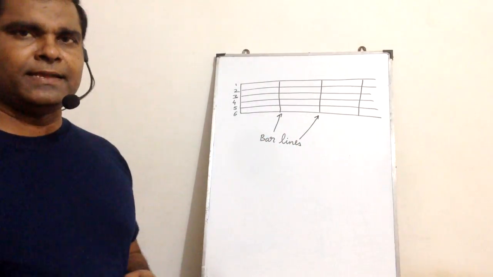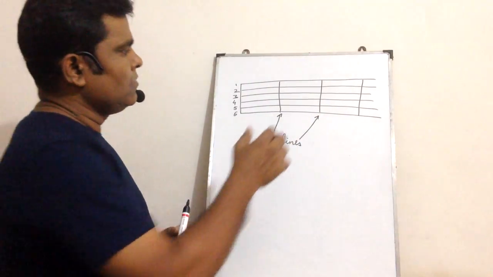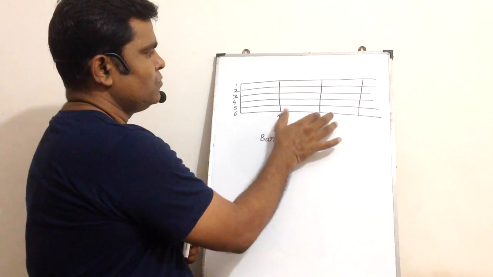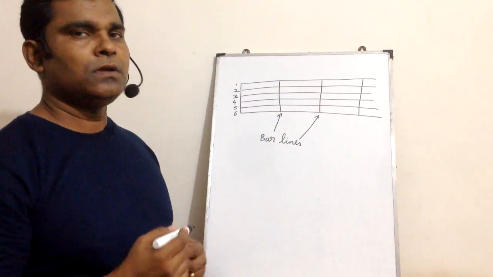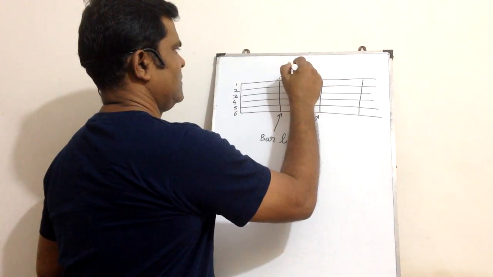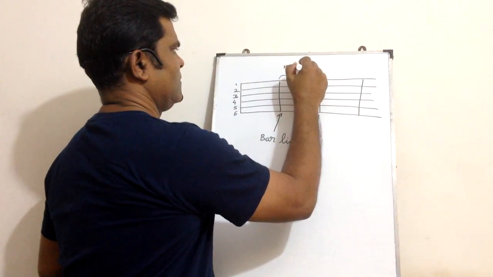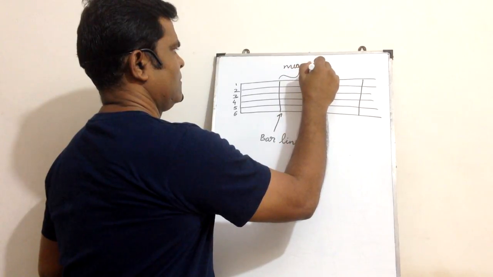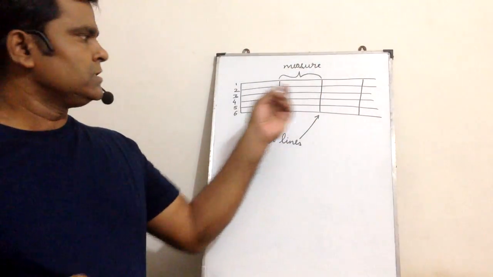This is called the bar line. Now the space between any two bar lines is called a measure. So this is called a measure.